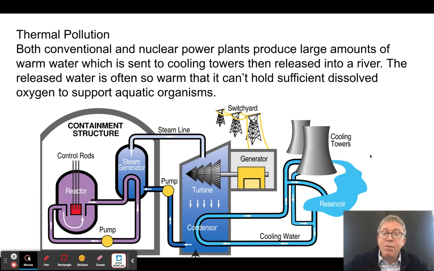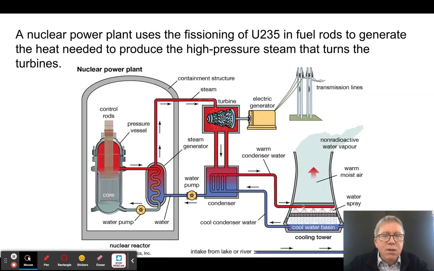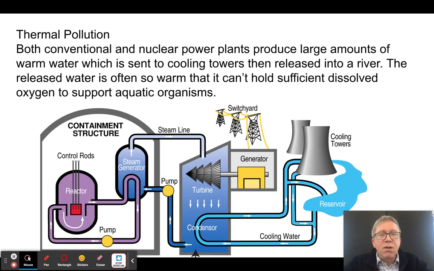Now, what happens to that heat energy? So 70% of the energy is coming out as heat, and I'm putting it into these cooling towers. If you look, here's a diagram. You can see I basically spray a mist and give it a chance to use evaporative cooling. If you remember from chemistry, the heat of vaporization is quite high. I'm trying to use that to carry non-radioactive water vapor away, and that carries most of the heat away, but doesn't carry all of the heat away.